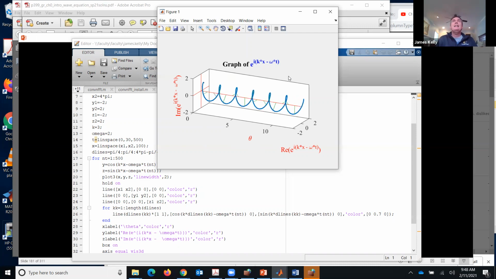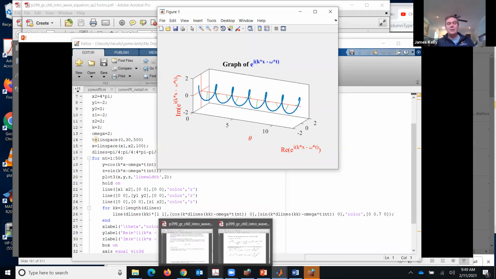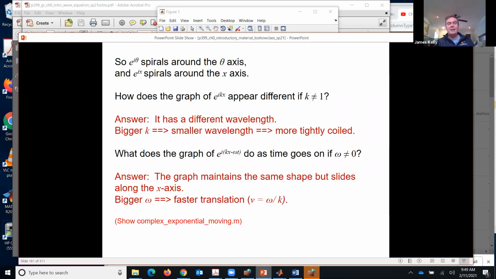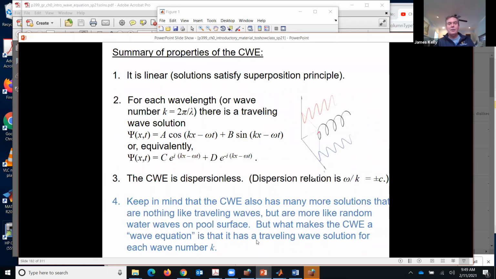And that justifies anything that has this as a solution for all different k values, for different wavelengths, we're justified in calling a kind of wave equation, not just the classical wave equation, but anything else that has that kind of solution. So just to summarize again, for the classical wave equation, its important properties: it's linear, which is related to the superposition principle.